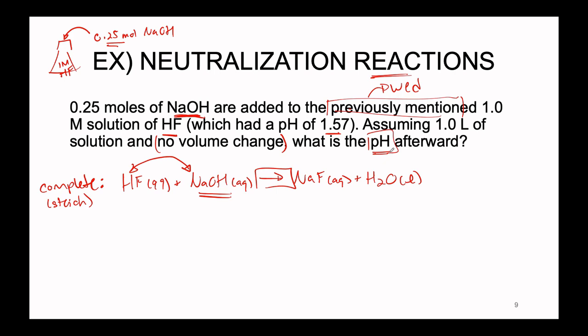So in other words, what we need to do is figure out, after this reaction is complete, what is the excess reactant going to be? Are we going to have some excess weak acid left over, or are we going to have some excess strong base left over? In addition, in observing the products, we see that we have some sodium fluoride. We've seen this before.